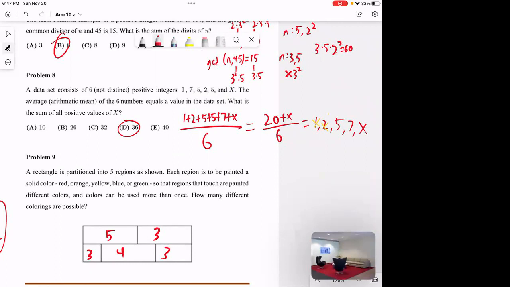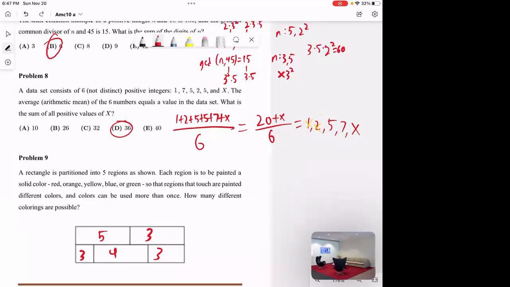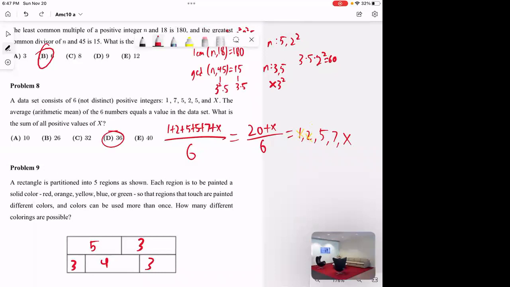So the mean of this, so the average, which is just the sum of these as shown right here, divided by the amount of them, which is 6, should be equal to one value in the set. So when we simplify this, we get 20 plus x divided by 6 is equal to one of these values.